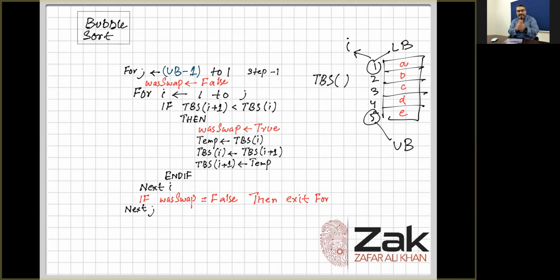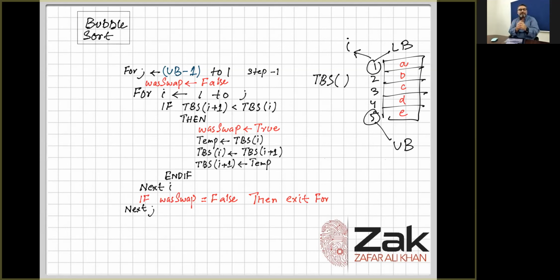And secondly, we know that at every inside loop's end, the highest value comes down, and afterwards when the inside loop works once more, the second highest value comes on top of it, and then the third highest value on top of it.